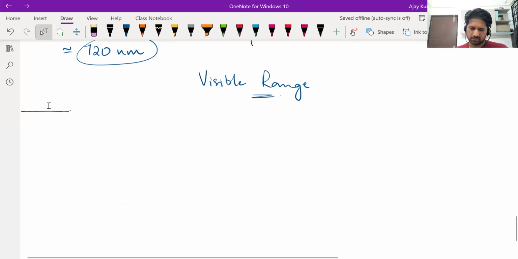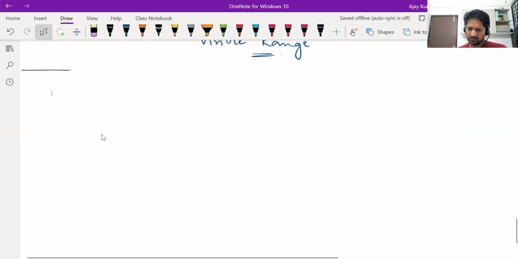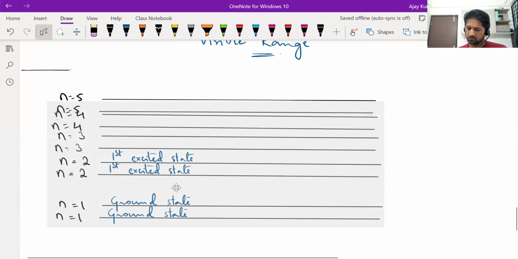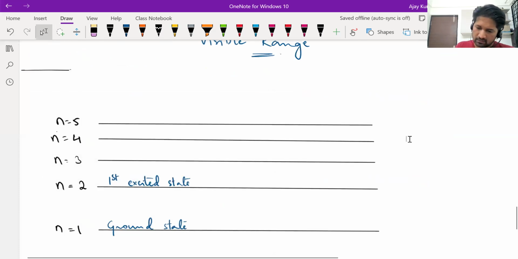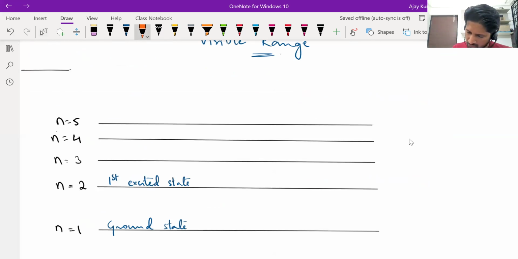Next, it's also possible that an electron jumps from one of the higher orbits to n equal to 3. Like it can jump from n equal to 4 to n equal to 3, 5 to 3, 6 to 3, and so on up to infinity to 3. And for each of these jumps, there will be a certain wavelength of radiation associated.